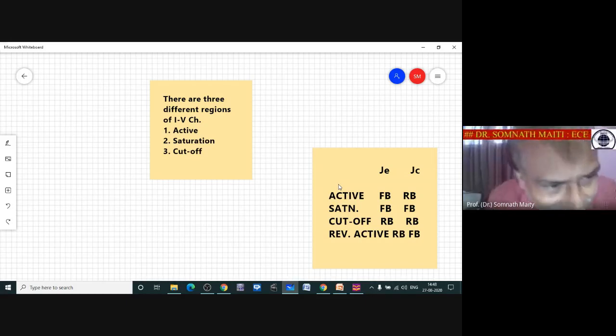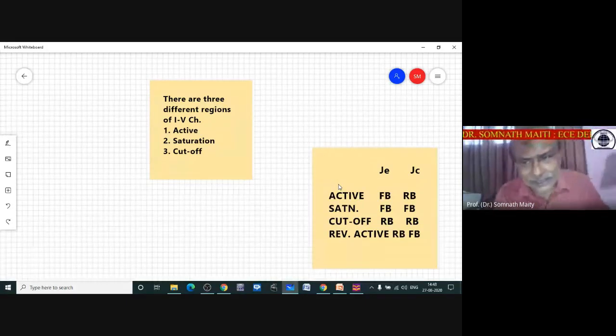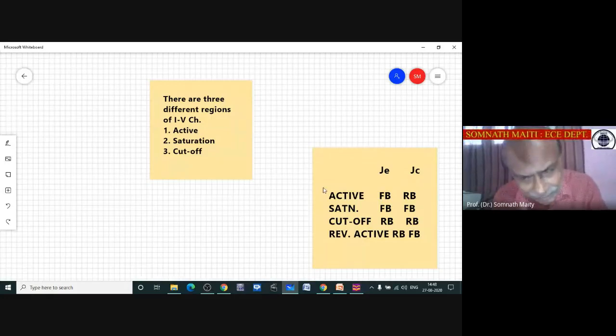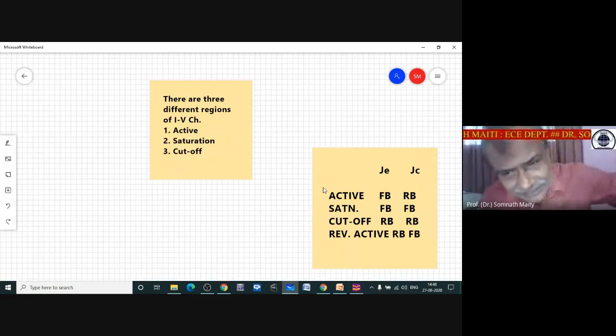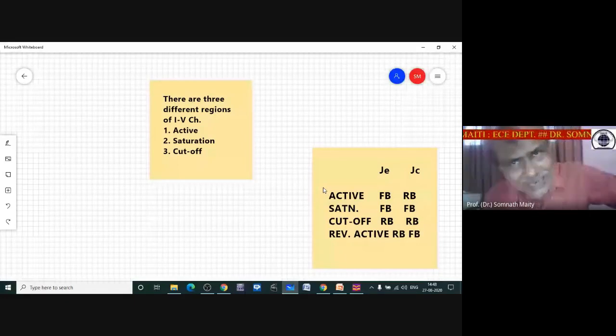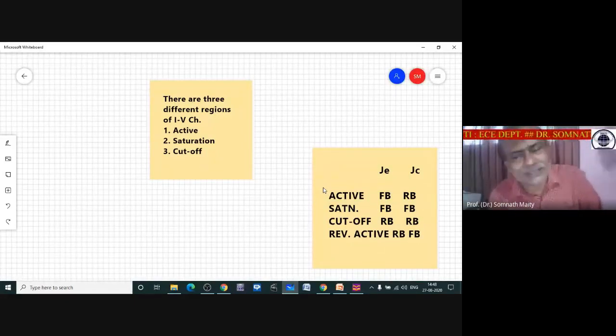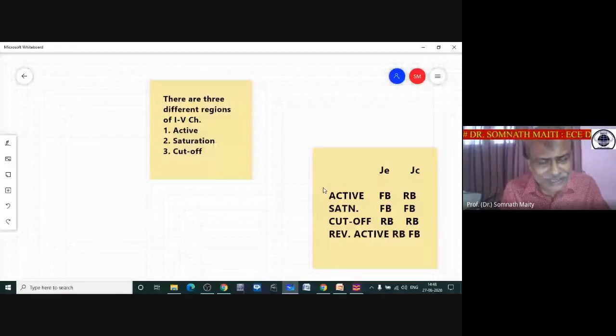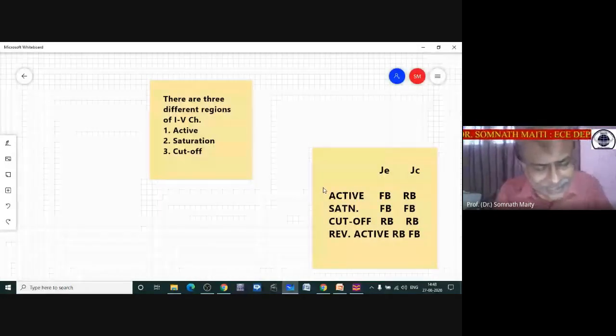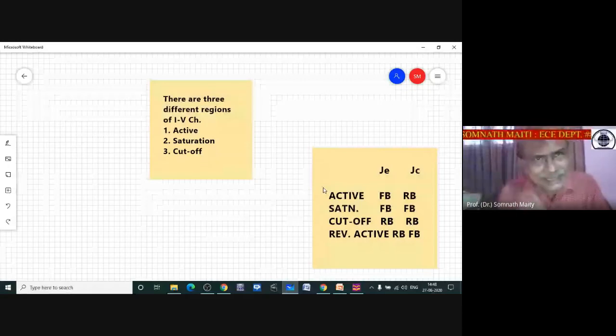That is authentic. So forward means it is collector. See, only one reason I can say: current should flow from emitter to collector. Emit and collect. But current should not flow from collector to emitter. That's why forward means the carriers are moving from emitter and collected at collector.